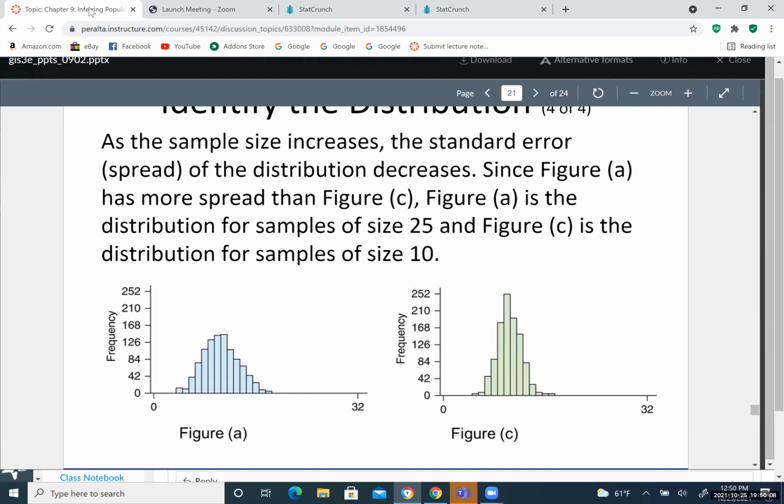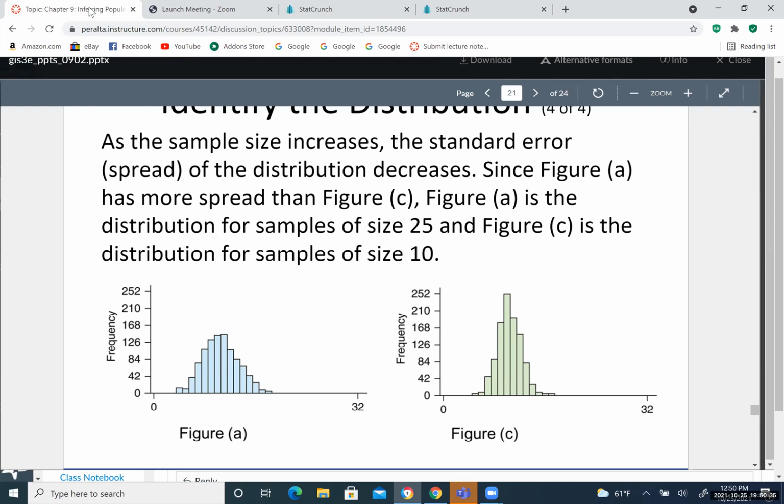And the next one, figure A and figure C: as the sample size increases, the standard error, which is the spread of the distribution, decreases. Figure A looks like it has a small spread, which means the standard error is small. The picture in green has the small standard error.